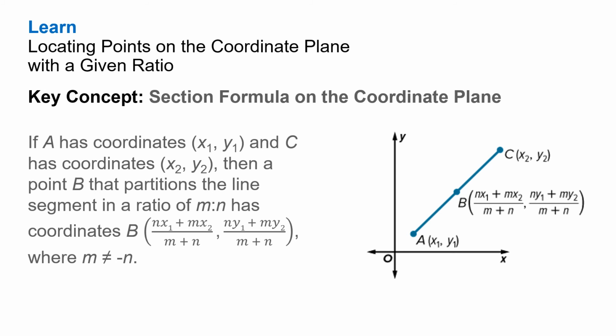If A has coordinates x1, y1, and C has coordinates x2, y2, then a point B that partitions the line segment in a ratio of m to n has coordinates (n times x1 plus m times x2, all of that divided by m plus n, and then n times y1 plus m times y2, divided by m plus n), where m does not equal negative n.